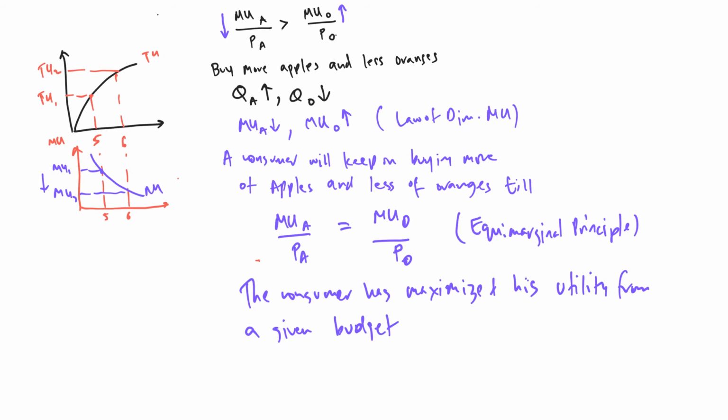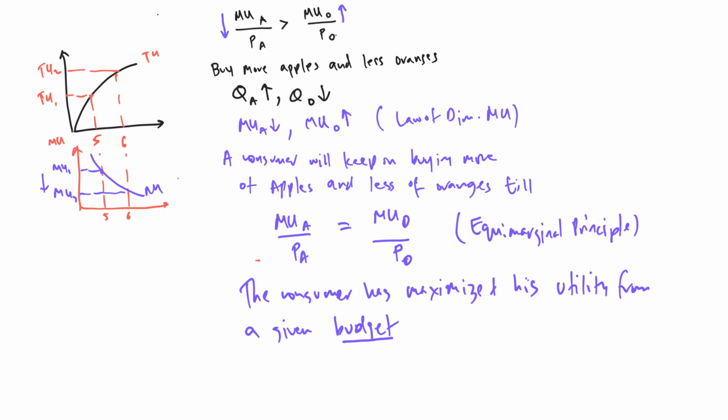So your total utility is maximized from a given budget, because you can't really buy more of apples anymore or buy less of oranges. If you spend $1 on apples, it will give you the same utility as spending $1 on oranges, which means there is no advantage of buying more of apples or less of apples, or more of oranges or less of oranges. This is where you have maximized your utility.